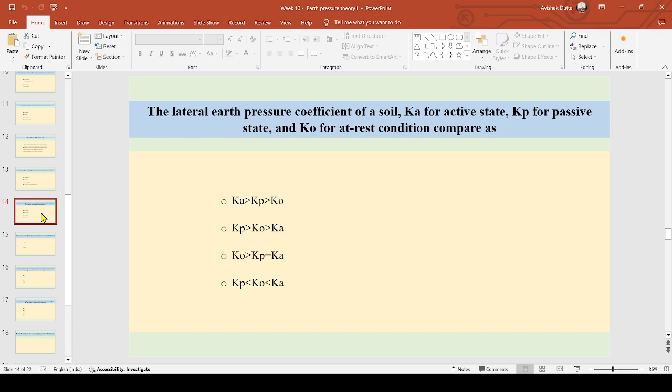That is, coefficient of active and coefficient of passive earth pressure both are equal, but the coefficient of earth pressure at rest is more than this value.